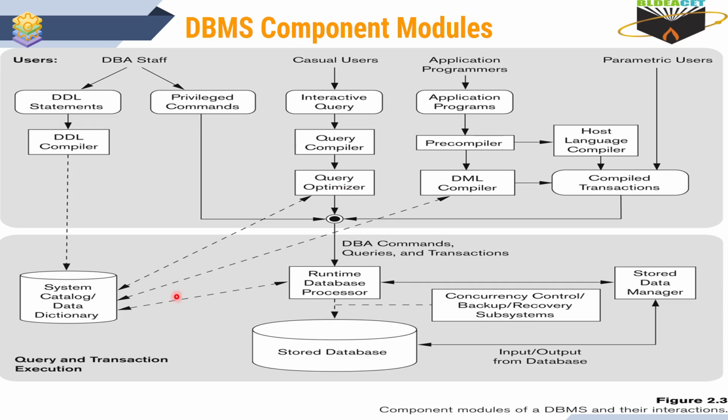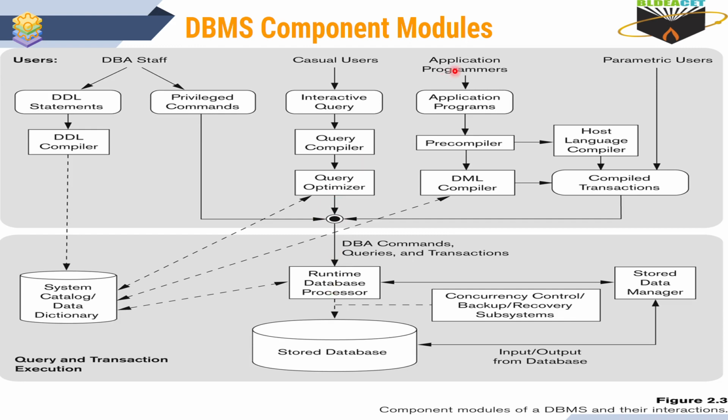For that, it consults the system catalog for statistical and other physical information about the stored data. Next, it generates the executable code that performs the necessary operations for the query, and it makes calls to the runtime processor.